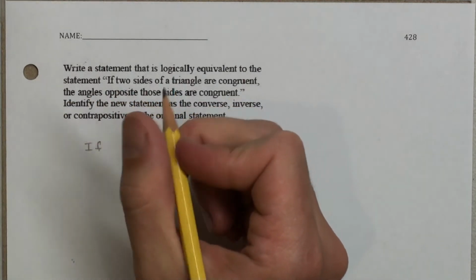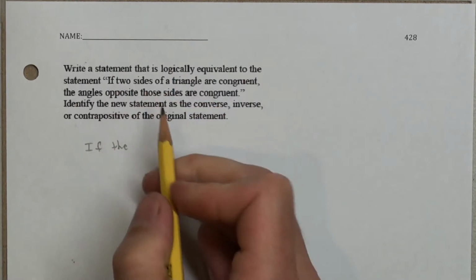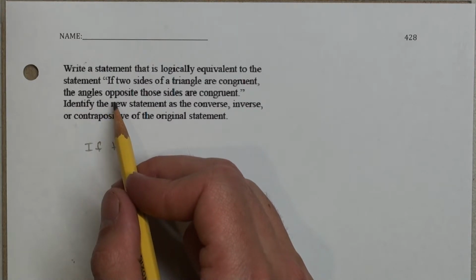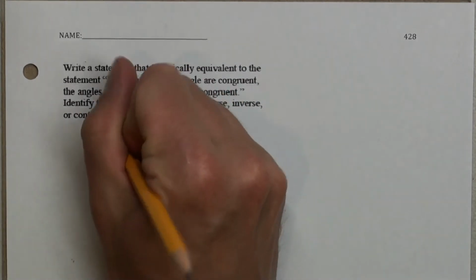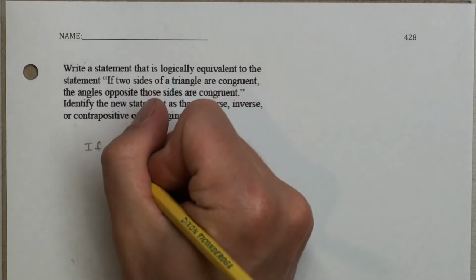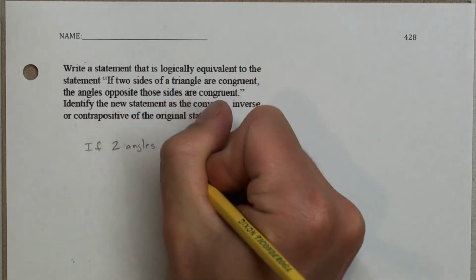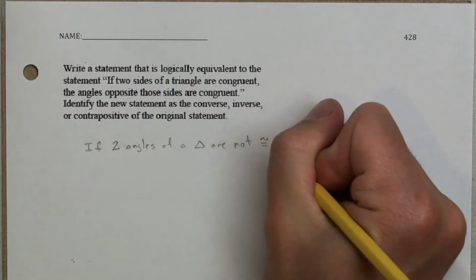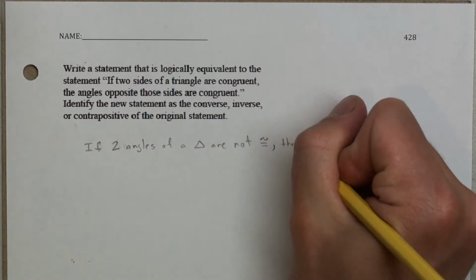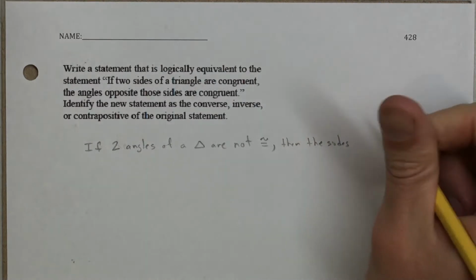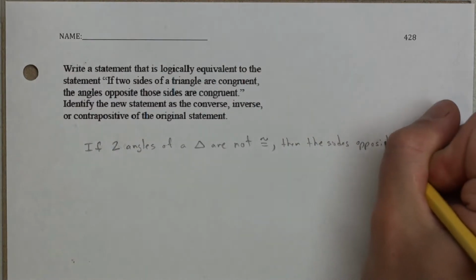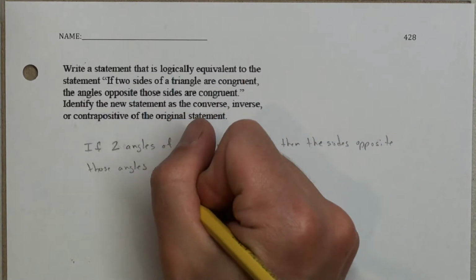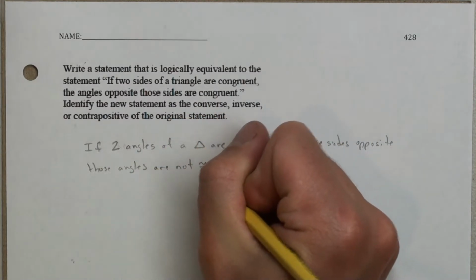So, if we wanted to rewrite this correctly, we would say, if two angles of a triangle are not congruent, then the sides opposite those angles are not congruent.